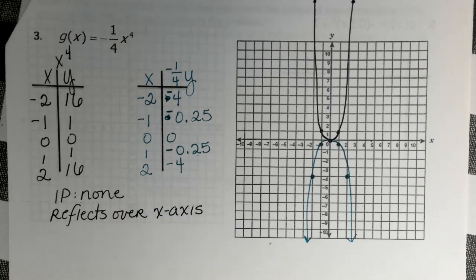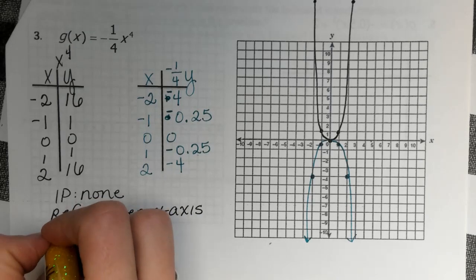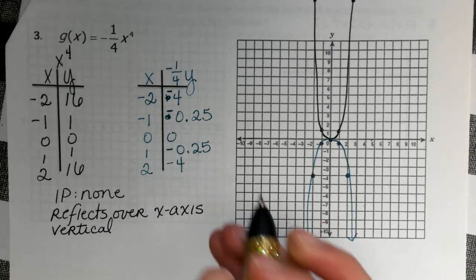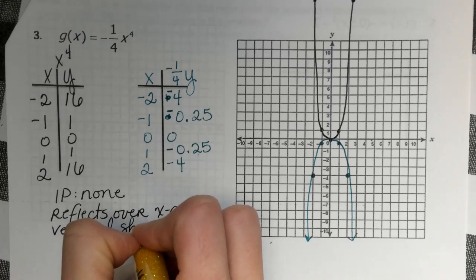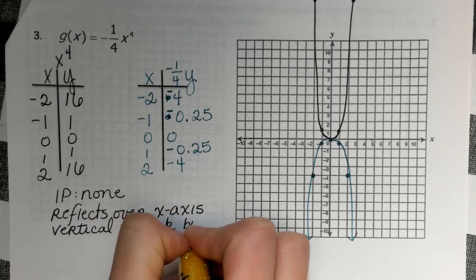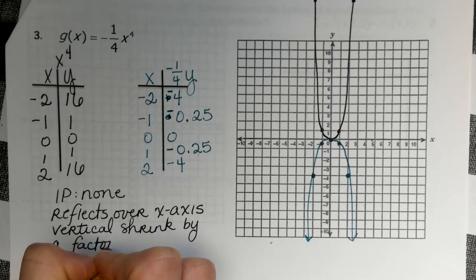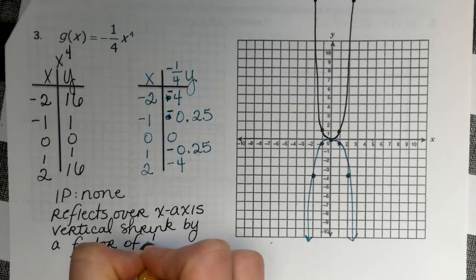And then was it a stretch or a shrink? It's a vertical shrink. Make sure you put vertical by a factor of 1/4.